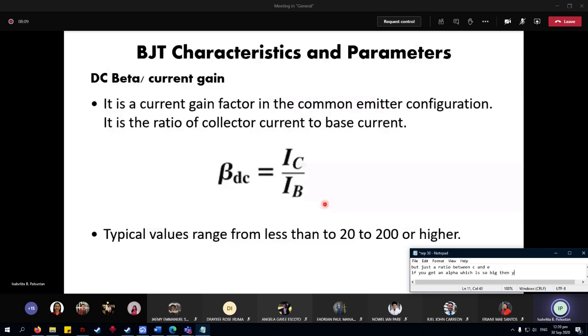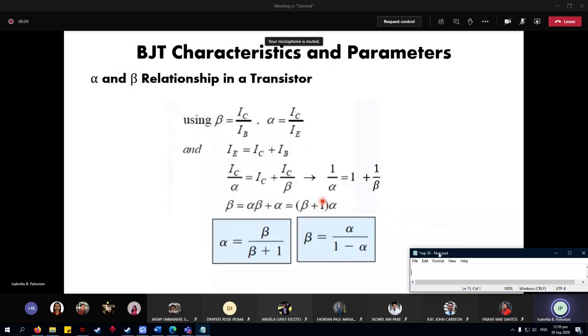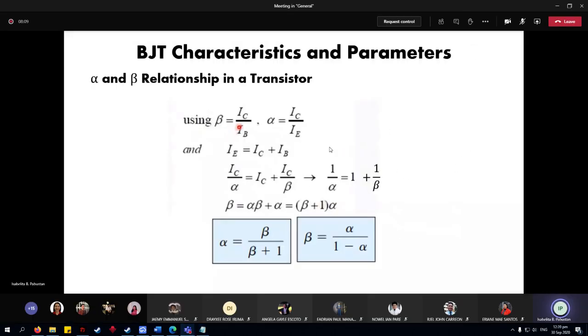If you get here a beta which is so small, like less than 1, that means your solution is wrong or the given itself is wrong. So you should be suspicious when that happens, and then you have to ask your teacher about it. Now, you have here, right?